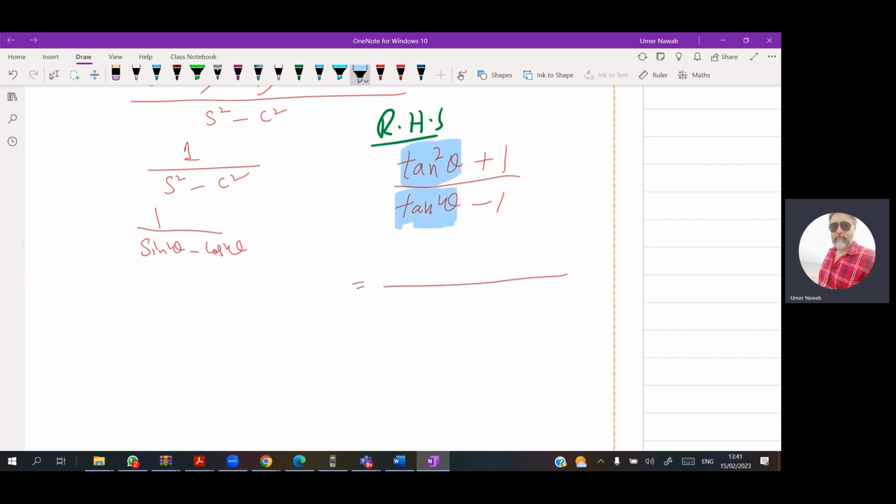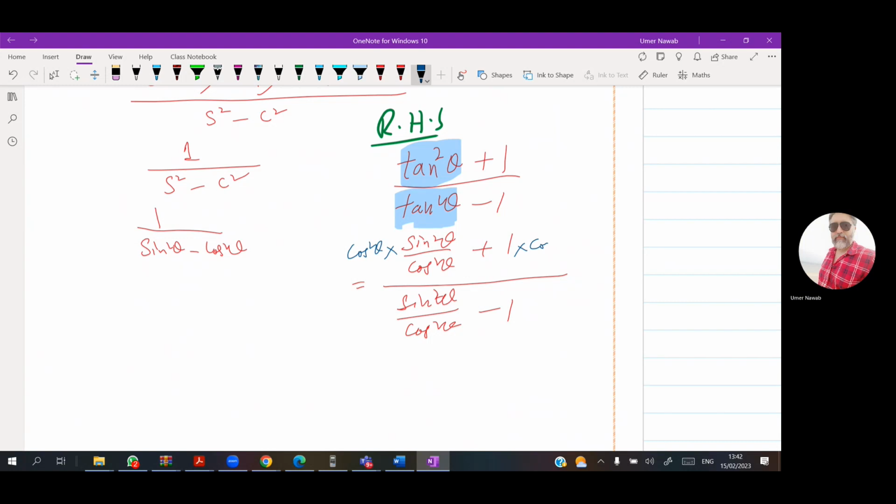So that's also one of the ways which students use in solving identities. So I'm going to write the quotient identity. Tan square can be written as sine square theta over cosine square theta, plus 1, over sine square theta over cosine square theta, minus 1. Can I multiply every fraction with cosine square theta? It's allowed in algebra.